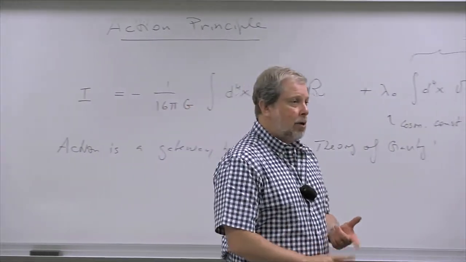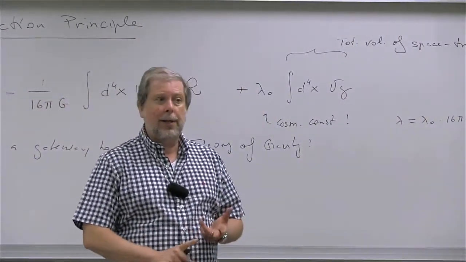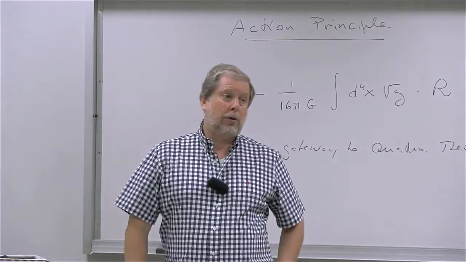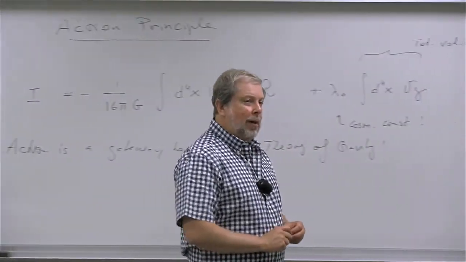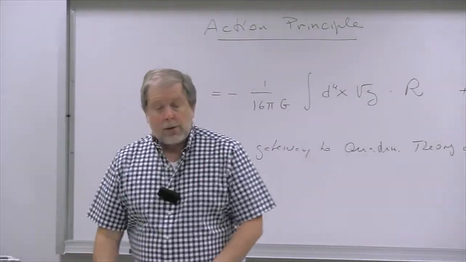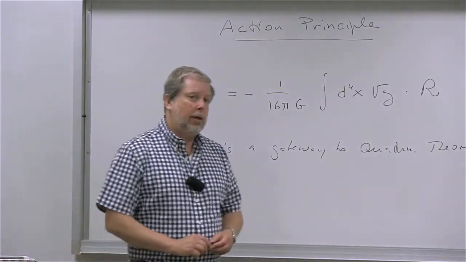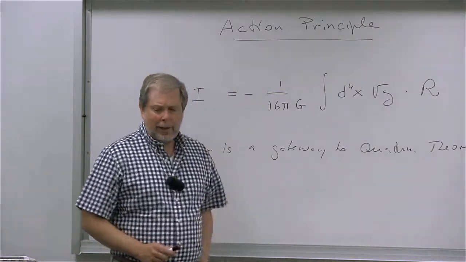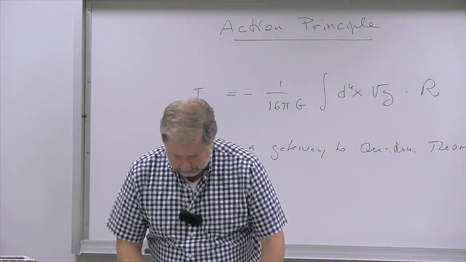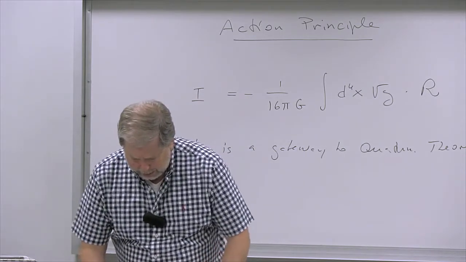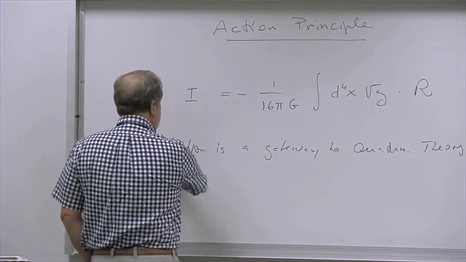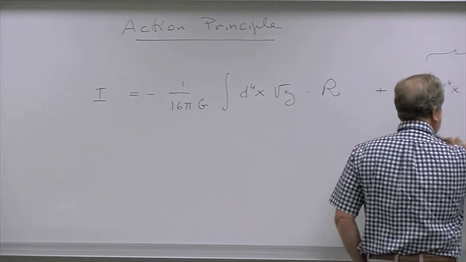It contains the bare Newton's constant, and it contains the bare cosmological constant, and then it might have some other parameters which have to do with the matter that enters into the action, which could be ordinary particles, neutrinos, photons, and things like that. So the action is a gateway to the quantum theory of gravity. It is an essential ingredient, and it is unique. And so that is one of the interesting and fundamental things that comes out of the discussion we're having at this stage.